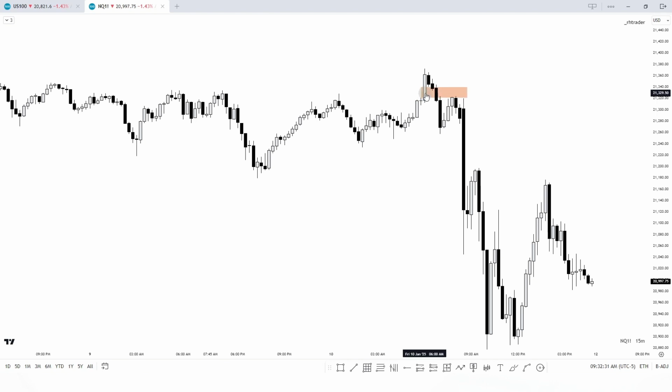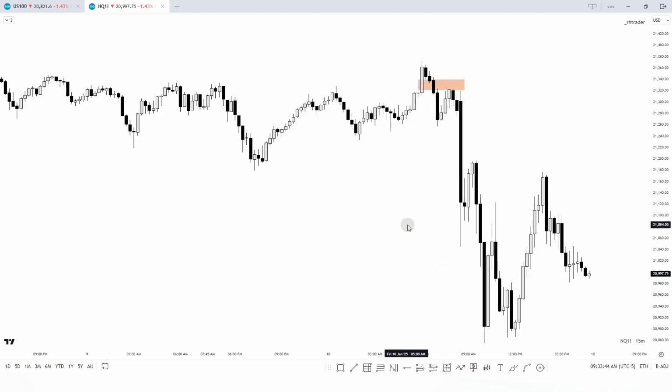As you can see here, we have a BISI, which is this gap, and we have a SIBI right here. Notice how price came and tapped this level, but it acted as a brick wall and price would not move higher and then aggressively broke down lower.